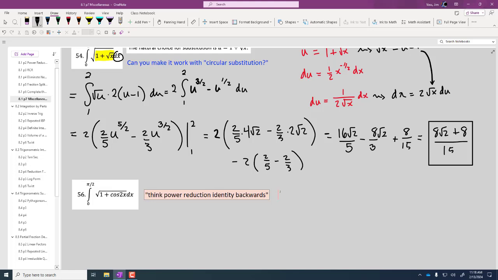Back up to the top. I'm going from u's to right there. So how do you get to u to the 3 halves? If we take u to the 1/2 times u to the 1, when we have the same base, we add the exponents, so 1 plus 1/2 is 3/2.